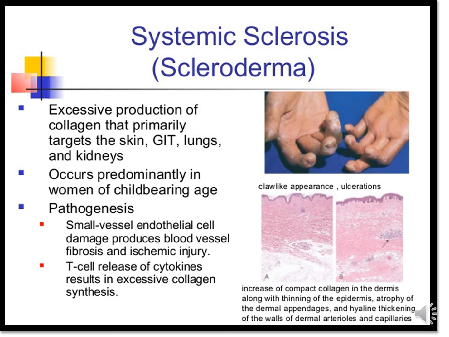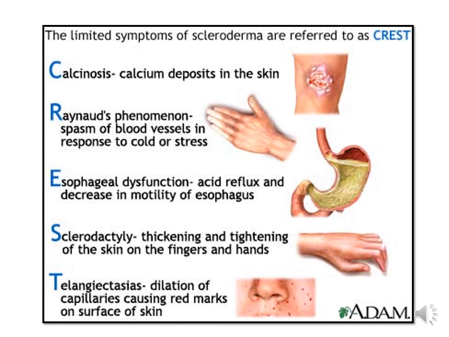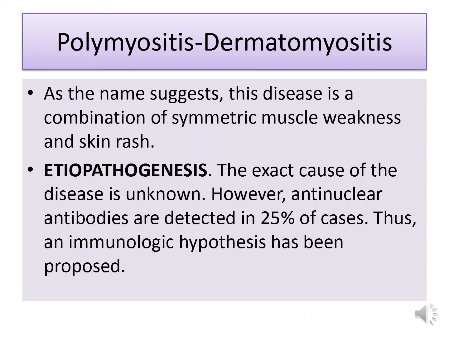Here we see pictures of such pathology: gross pictures of the changes within the hands of the patients, and under the microscope the fibrosis and alterations seen in the dermis. Various organs are involved in this picture.